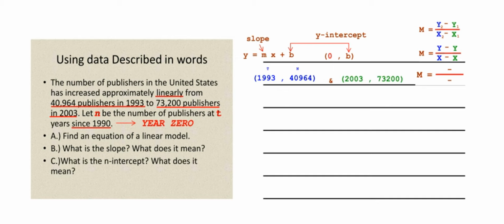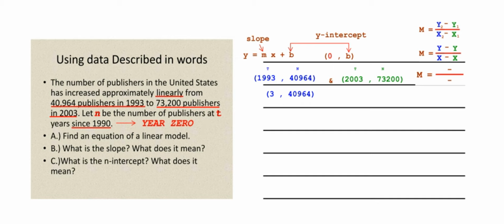And also, they give us another piece of information, another coordinate. In 2003, there were 73,200 publishers. Another piece of information with the t and n values on them. And let's convert them down to singular values. In other words, the years, convert them to singular years. Since this started in 1990, from 1990 to 1993, 3 years passed.